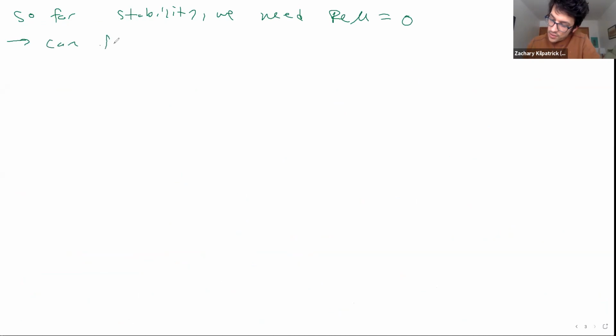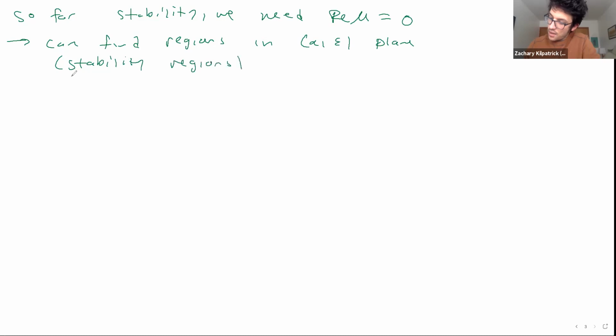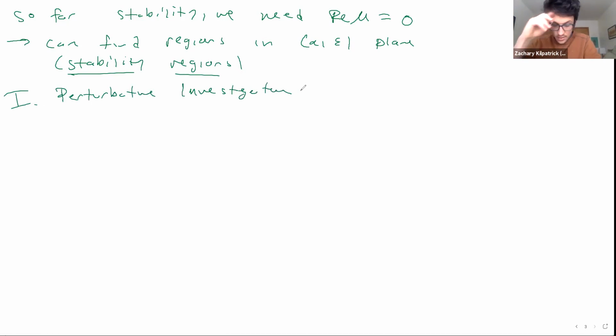And we can find these regions in the A epsilon plane where solutions are stable. And we'll call these our stability regions, okay? And if you want to see these sketched out in total, it's in the last section of Bender and Orszag, which is referenced in the calendar. Okay. So we're going to use perturbation theory in order to find these.